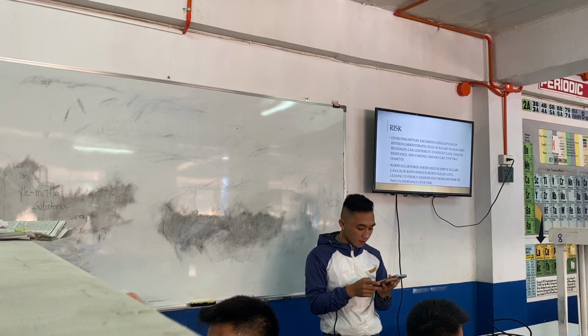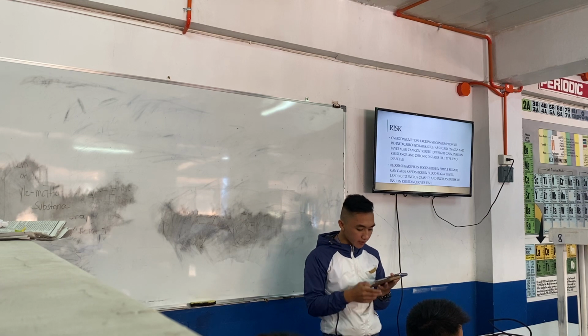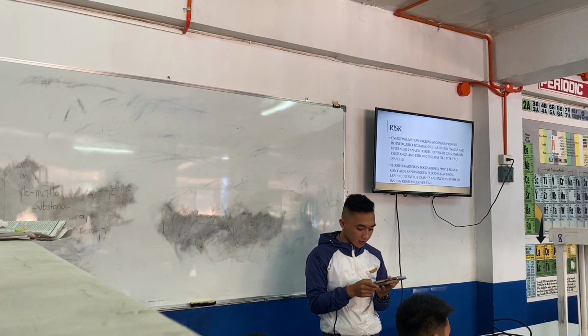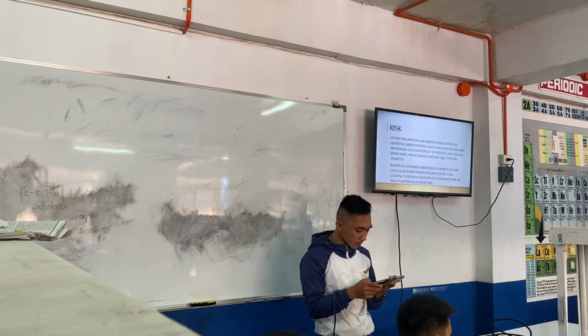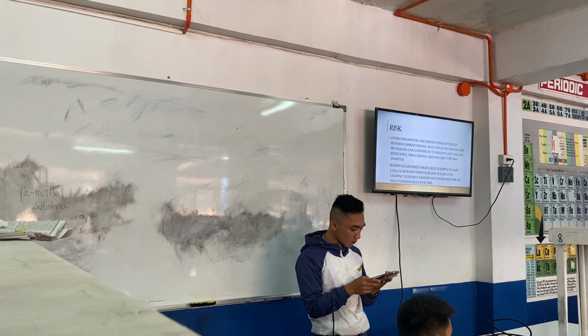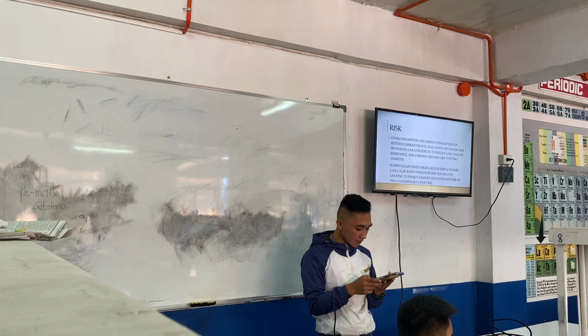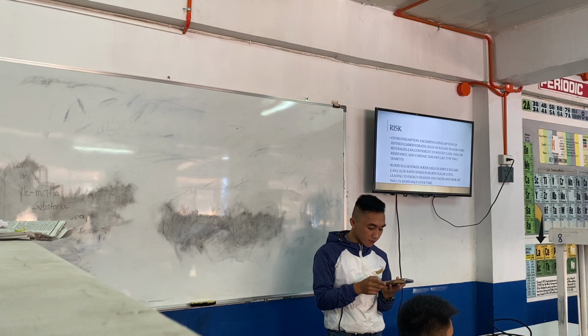Number 4 is muscle mass loss. Carbohydrates can help spare protein for its primary role in maintaining and repairing tissues. Without enough carbohydrates, the body may break down muscle tissue for energy, leading to loss of muscle mass over time.